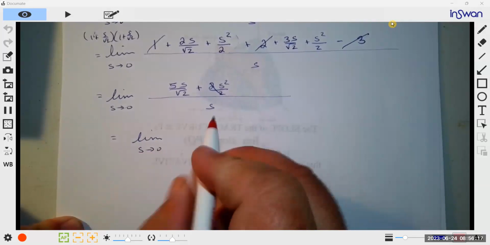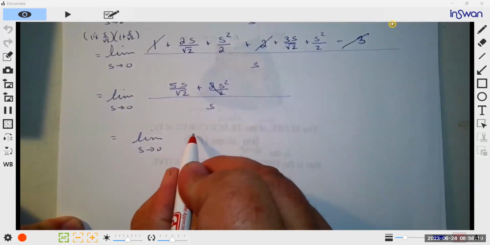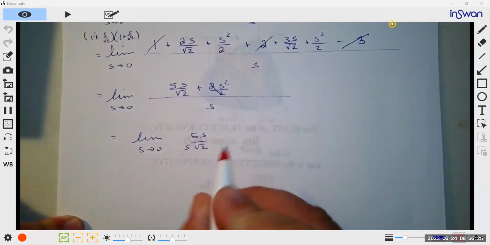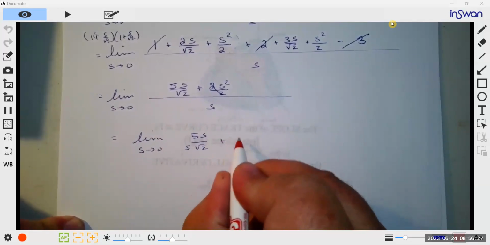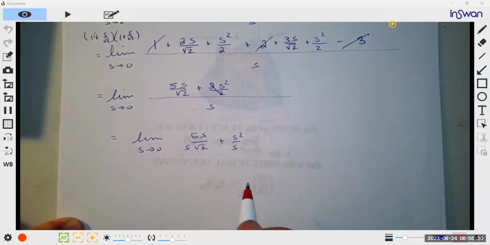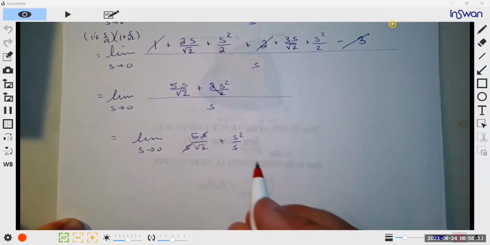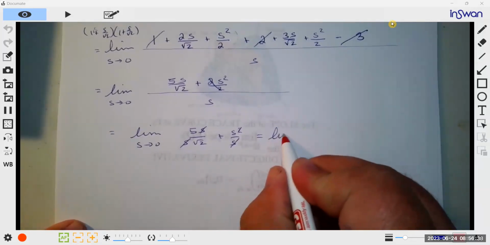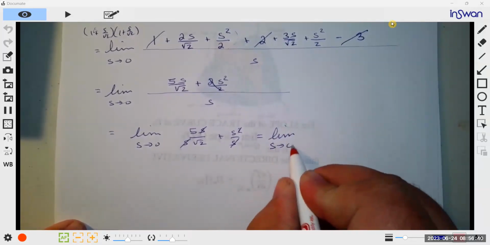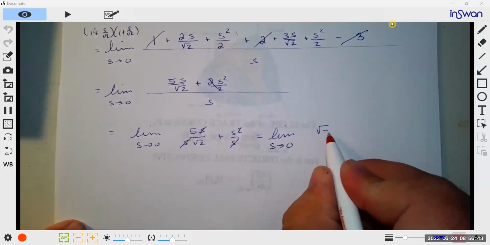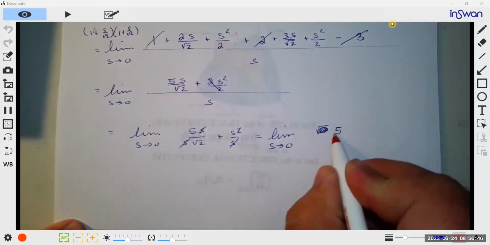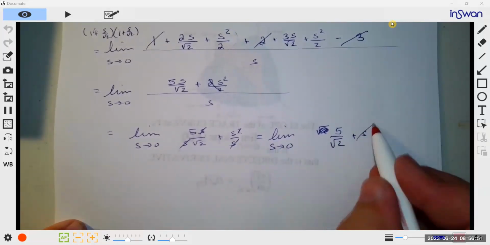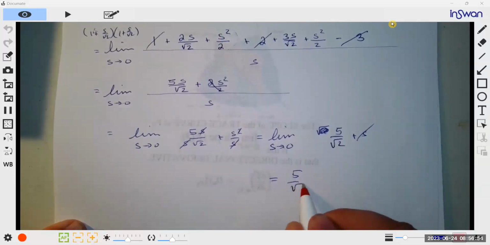Limit as s approaches 0 of 5s over radical 2 plus s squared over s. The s's cancel here. So we have the limit as s approaches 0 of 5 over radical 2 plus s. S goes to 0, we end up with 5 over radical 2.